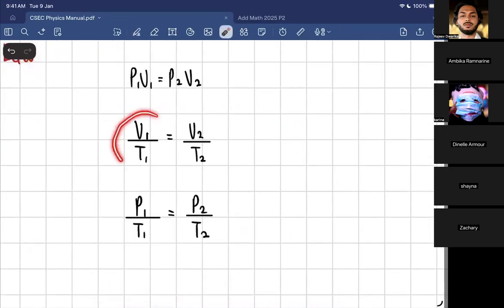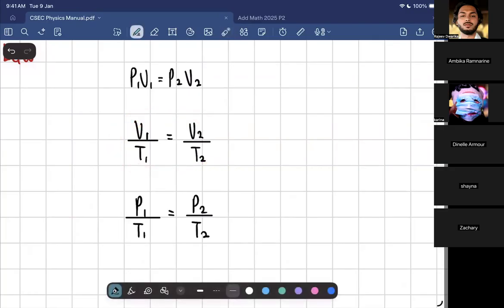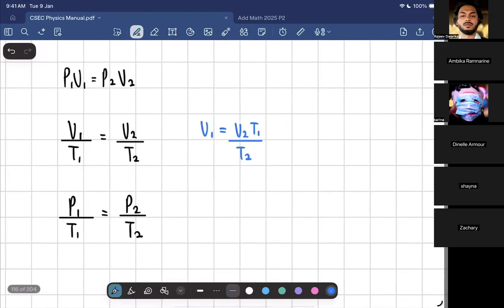Let me show you something. What would happen if I made V1 the subject of the formula here? You'll end up with V1 equal to V2 T1 over T2. You'll see where I'm going with this. If I were to make V2 the subject of the formula, V2 would be equal to what?